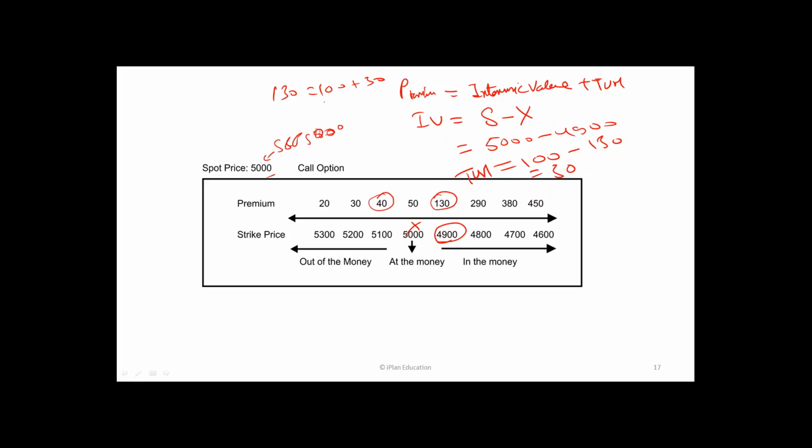That is, 30 is time value and 100 is your intrinsic value, for a strike price of 4,900. Fine? Are we okay till now? Great.